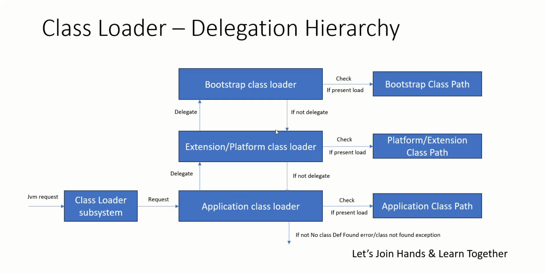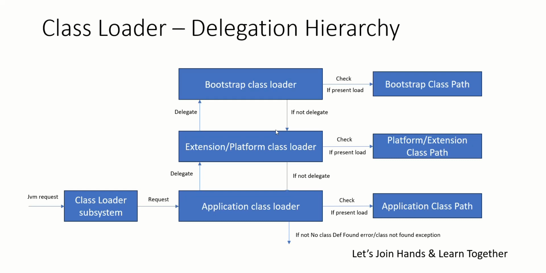Are we clear on which class loader takes precedence to check its respective class path and load the class? That we understood, right? This algorithm is called the delegation hierarchy algorithm. I hope we have a clear idea how the class loader works.